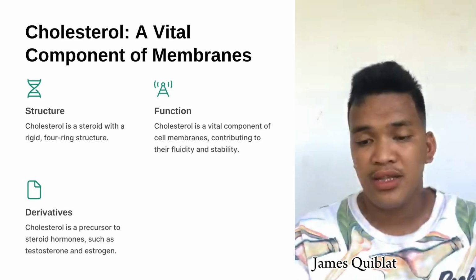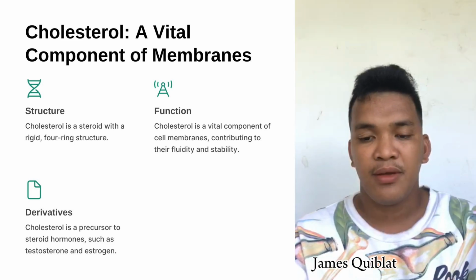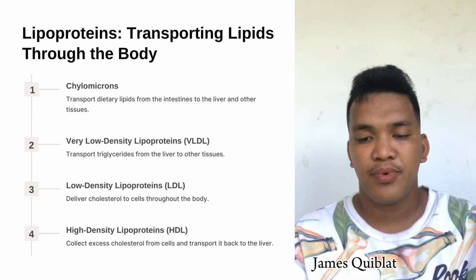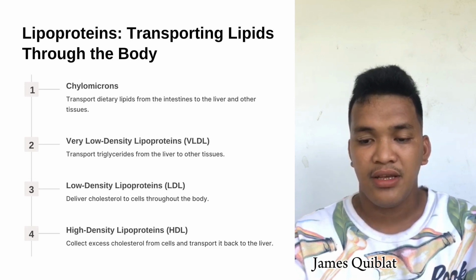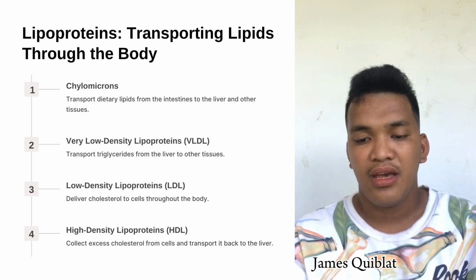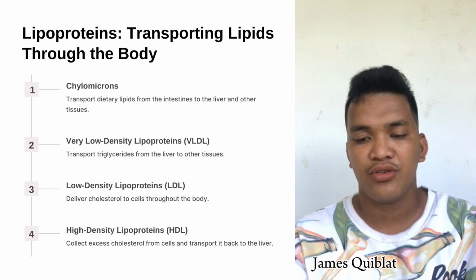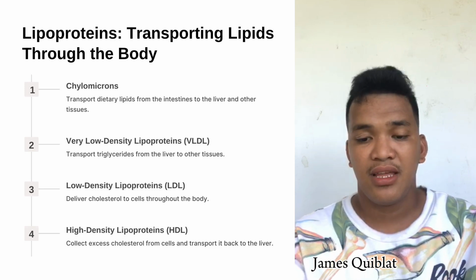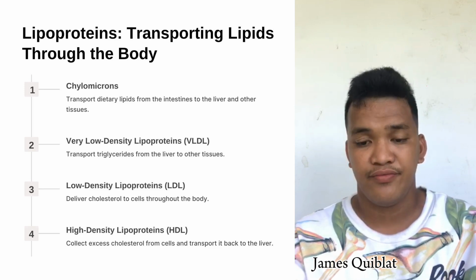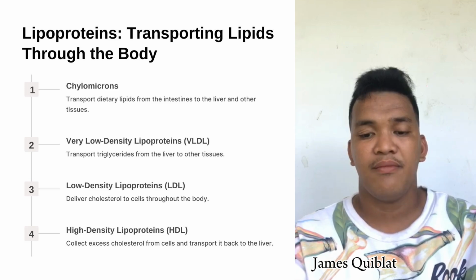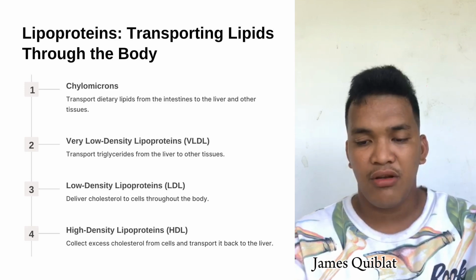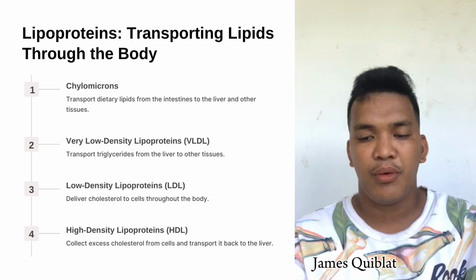Another important membrane lipid is the sphingolipid, found primarily in the nervous system. It plays a crucial role in cell signaling and recognition. Finally, we have cholesterol, a vital component of membranes.